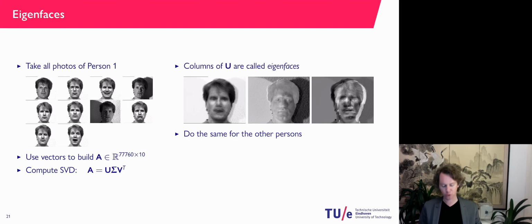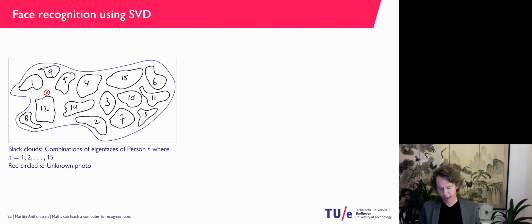So I'm also going to do the same for the other persons. And now my idea is the following for a face recognition algorithm. So what I did here, I've now made a kind of clouds like you see for the number 4 here. That's person number 4, eigenfaces space. So you take, for instance, the first 3 eigenfaces, the first 3 columns of the U matrix for person 4.